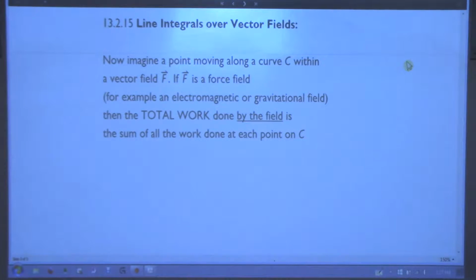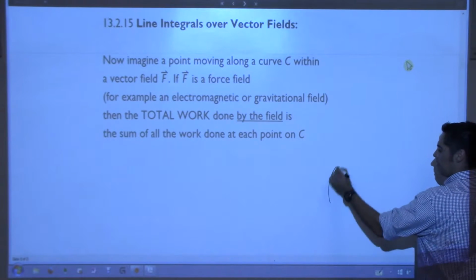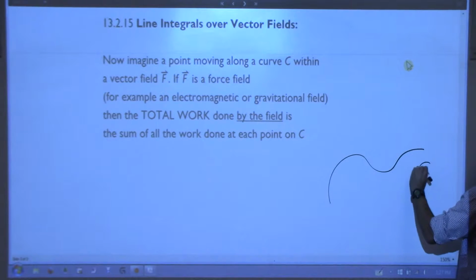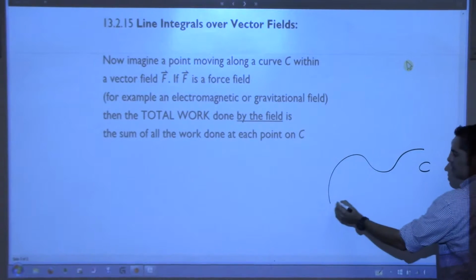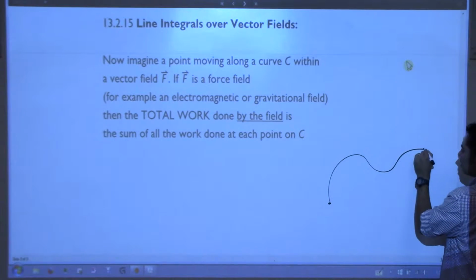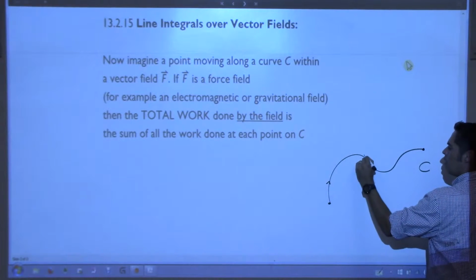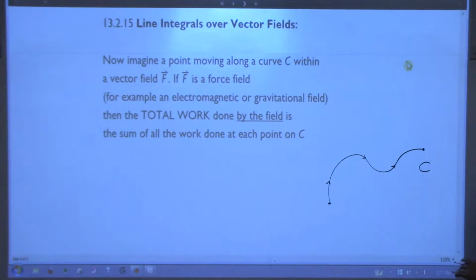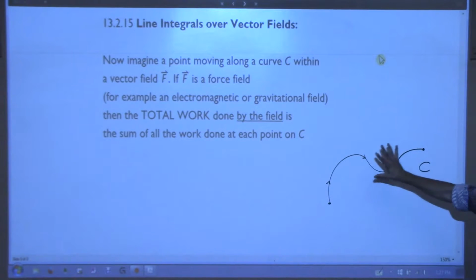All right, now let's imagine a point moving along a curve C within a vector field. So we have some curve C. Right now, let's just look at two-dimensional space to make this easy. You're moving along this curve from one point to the other, but this curve lives in a vector field. So remember, a vector field has nothing to do with this curve.